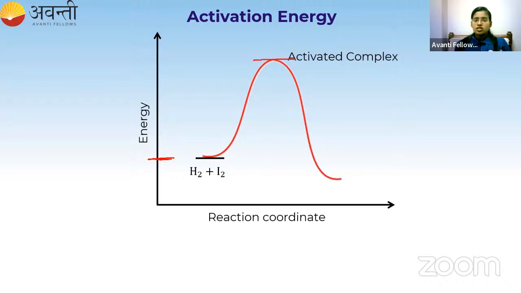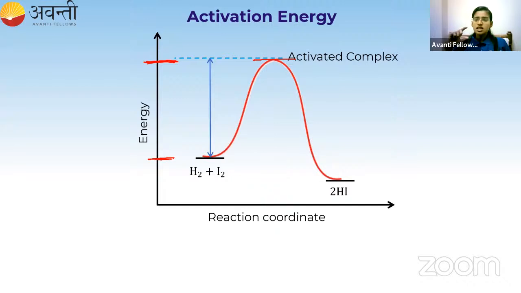After some time, they give the product, which is 2HI. Srujana is giving me the definition. Very good, Srujana. It is correct. So this is the activated complex.